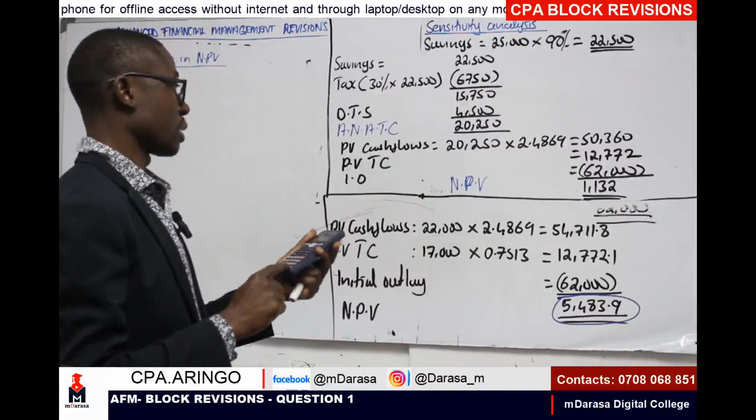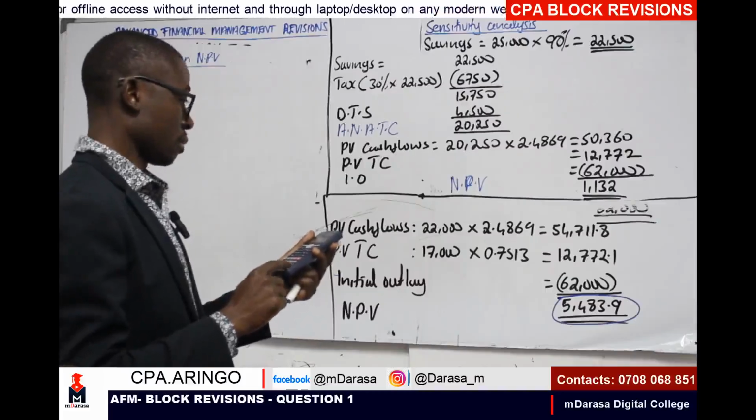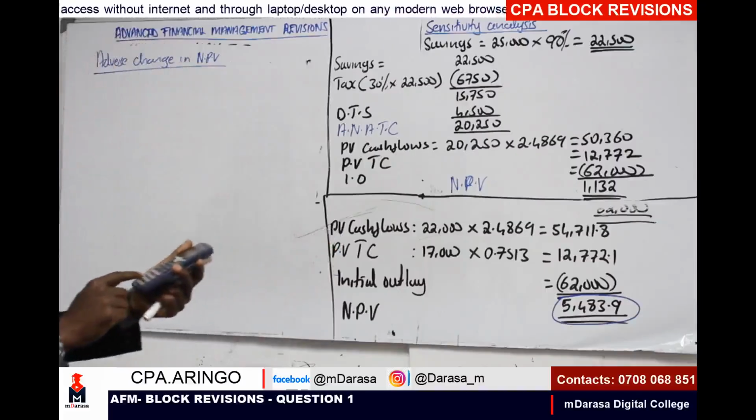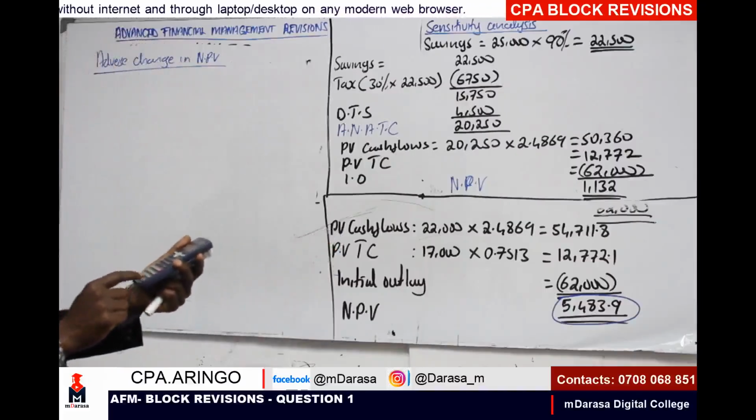So that should give us 1,132, the one that we determined there.